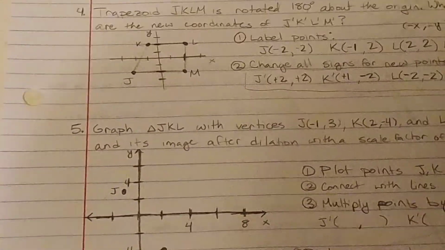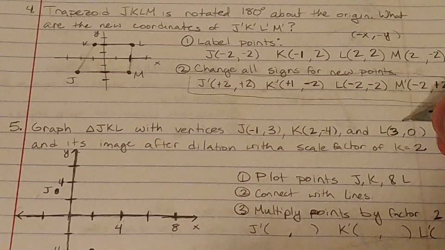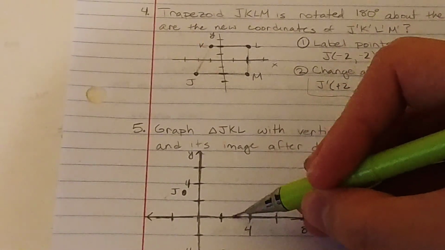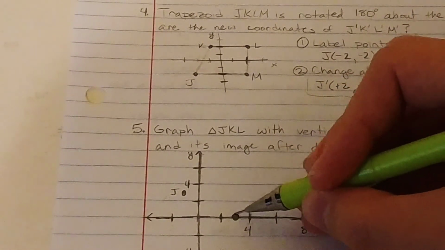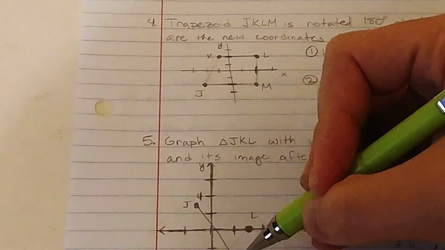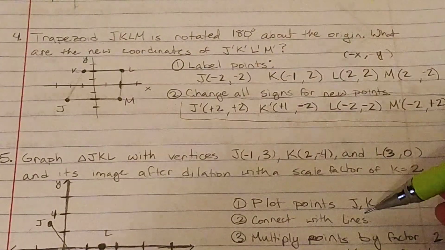That's K. And then the last one is 3 comma 0, L. Go to the right 3, and it's up 0, so it just stays there. That's our triangle. Connect with lines. Second step.